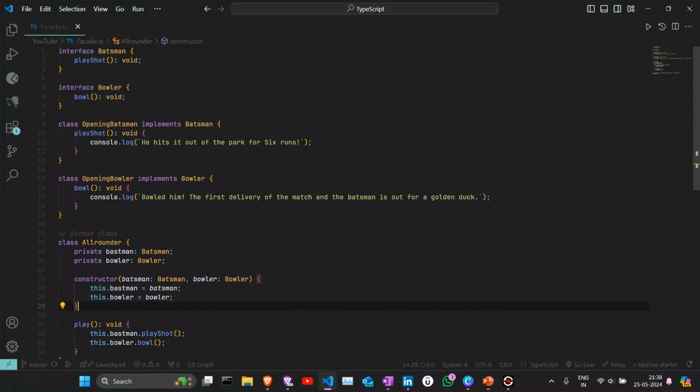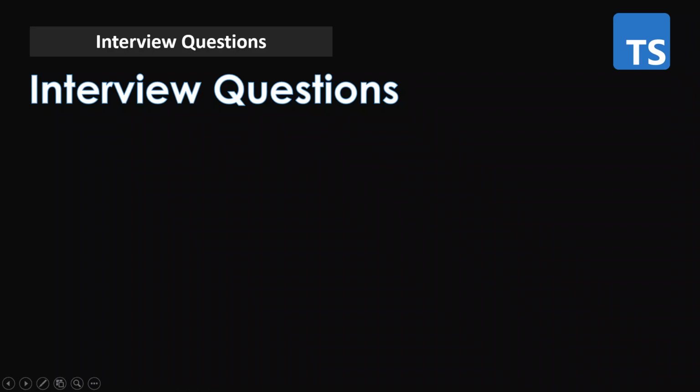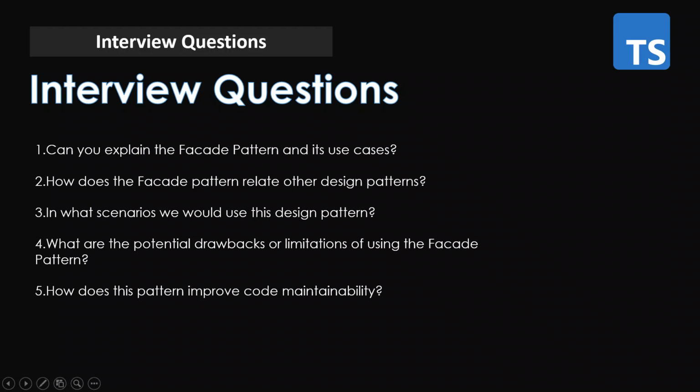Alright, now we shall see the interview questions. Here we are. Can you explain the facade pattern and its use cases? So we already did that. We explained the facade pattern definition initially. So what can be its use cases?